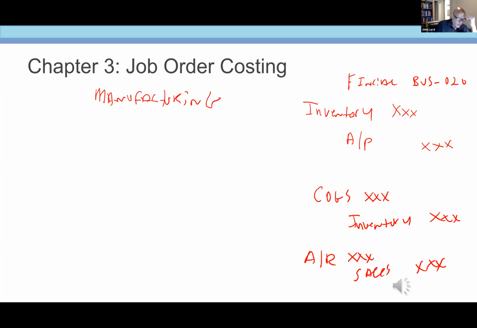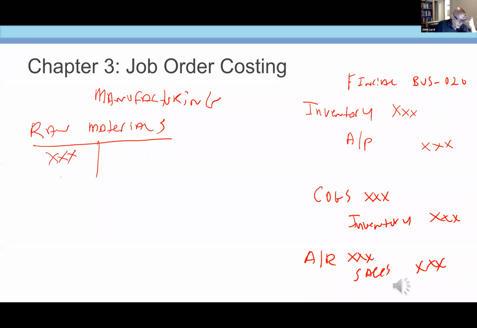And we talked about this last time, in that we're going to start with raw materials. So we have our raw materials, but then what are we going to do? We're going to take amounts out of raw materials and put them into work in process as we start to get the leather and so on for the shoes.